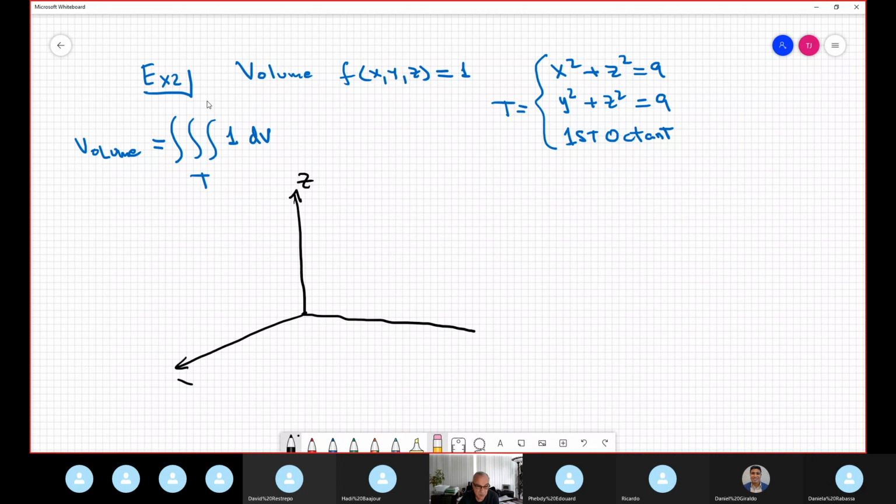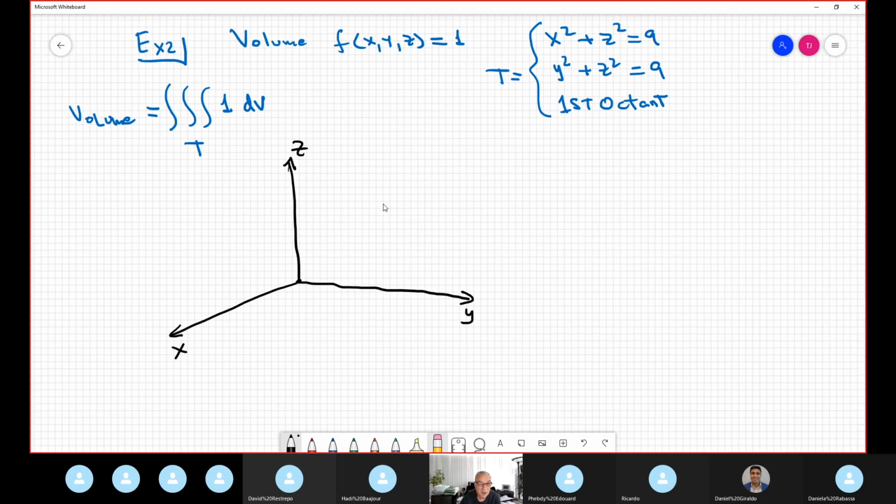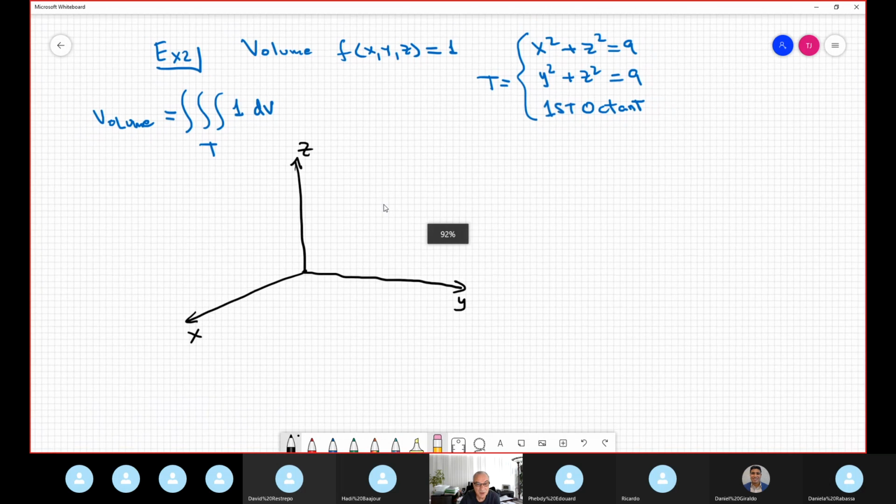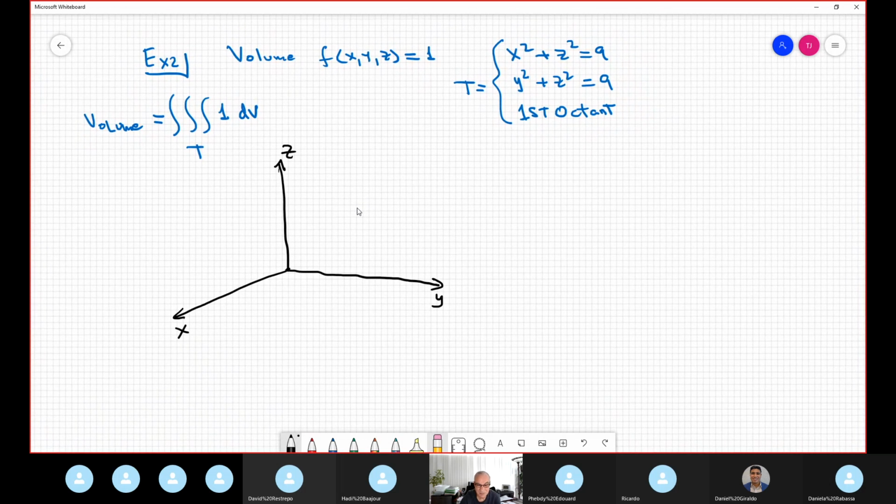I promise that in the test you won't see a complicated sketch, because I want you to focus on the calculus part. There are problems in the books that are science fiction, very complicated, and you spend a lot of time understanding the solid.